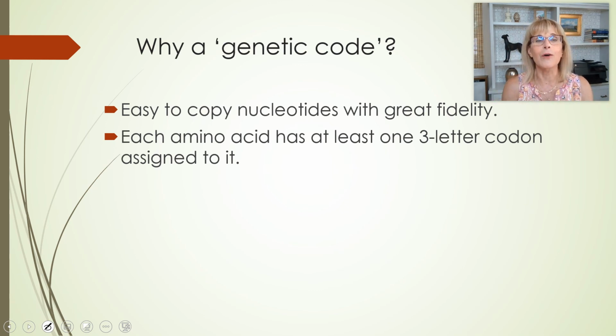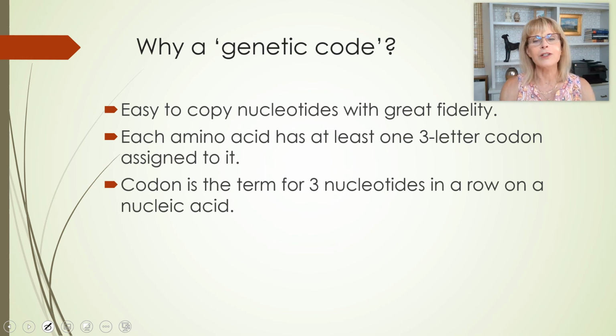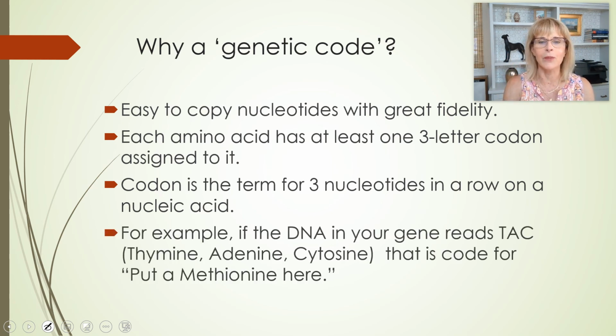But now that we know, we can look at the DNA that looks like Gattaca, and we can figure out exactly which amino acids in a row will be created with that gene to make a protein, okay? So a codon is a term for 3 nucleotides in a row. That's like a little code word for one amino acid, right? We're going to start there at the beginning of our next lecture.